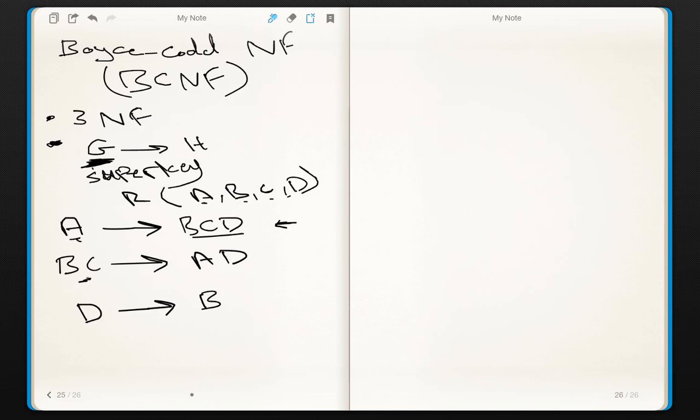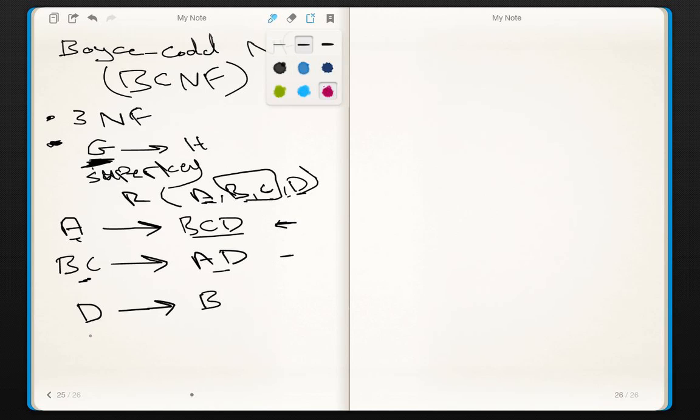Again, BC is also a super key because BC defines the rest of the attributes, A and D. So this is also in Boyce-Codd normal form. So we have no problem with this.